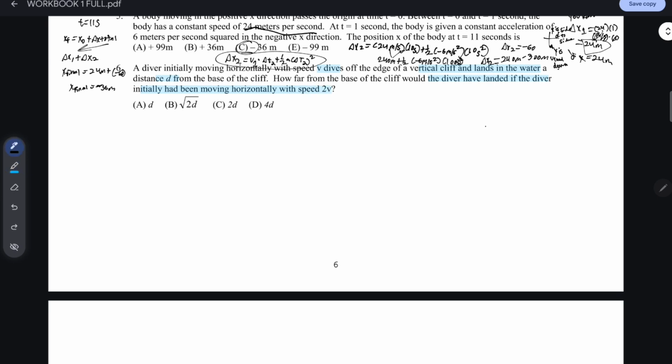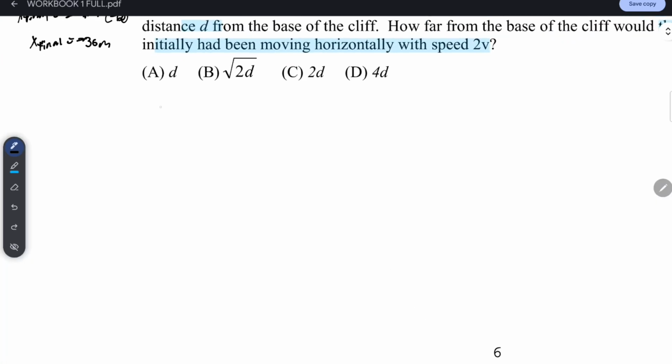Okay, on this one, the motion in the horizontal x and vertical y directions are independent. So for vertical motion in the y direction, the time it takes for the diver to fall is determined only by the cliff height, h, and gravity, g.